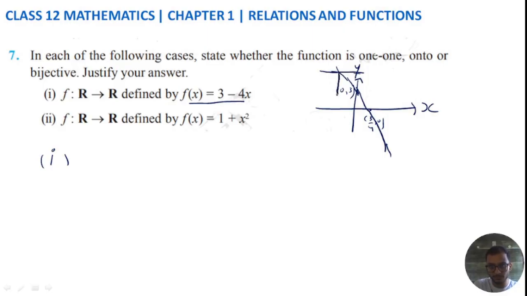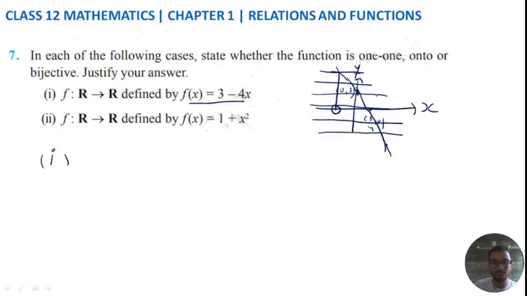In short, if you want to find graphically, you should put horizontal lines. That horizontal line should intersect the function graph only once.